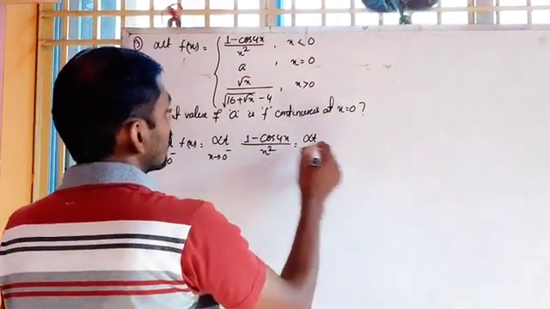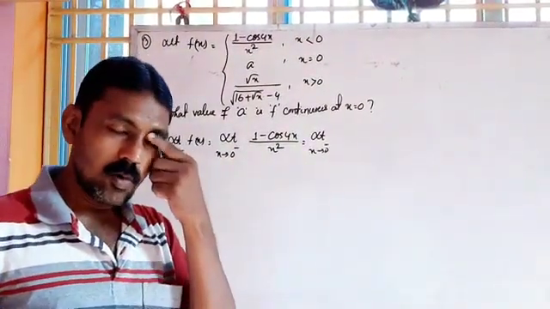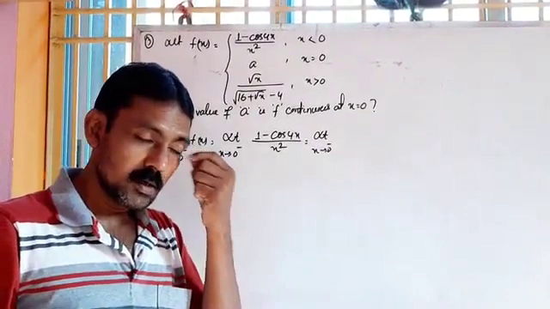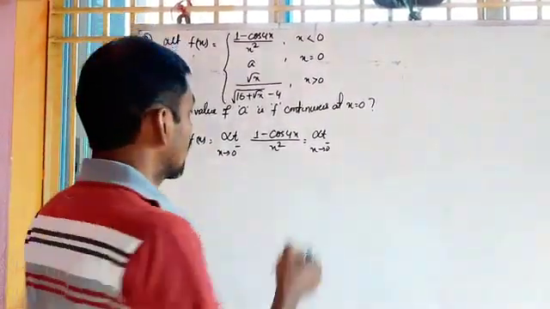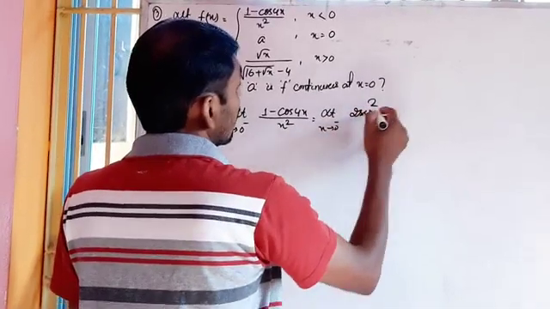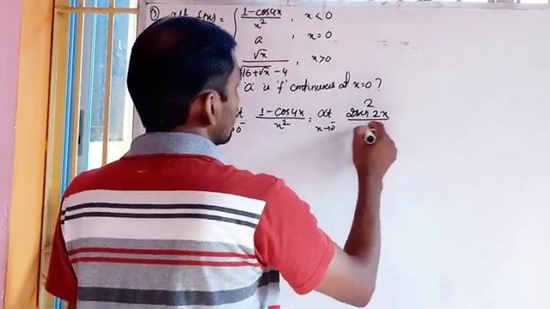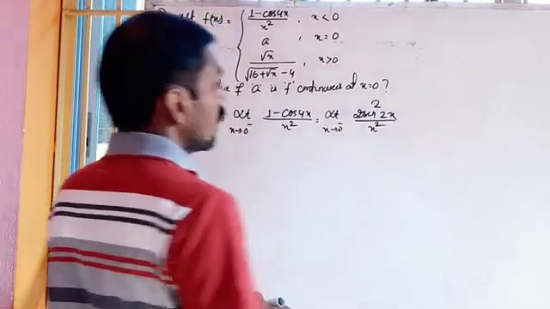This is in the form of 1 minus cos 2 theta. 1 minus cos 2 theta is 2 sin square theta. So it will be 2 sin square, half of this, 2x, by x square.